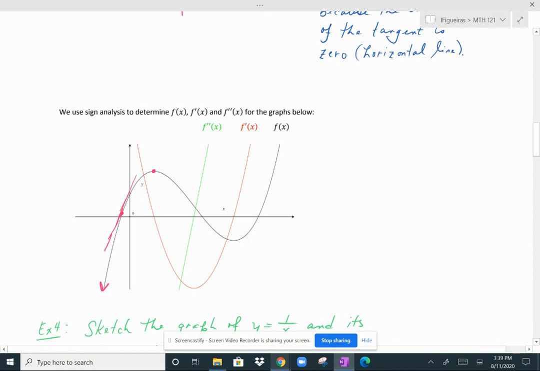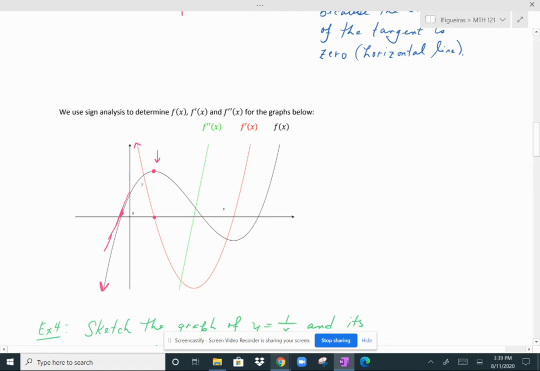So any point along that side, I would have a positive slope of a tangent line. And notice that f prime from this point right here and everything to the left, f prime is also positive. This whole part from here to the left have positive values, not the slope, just the values are positive.